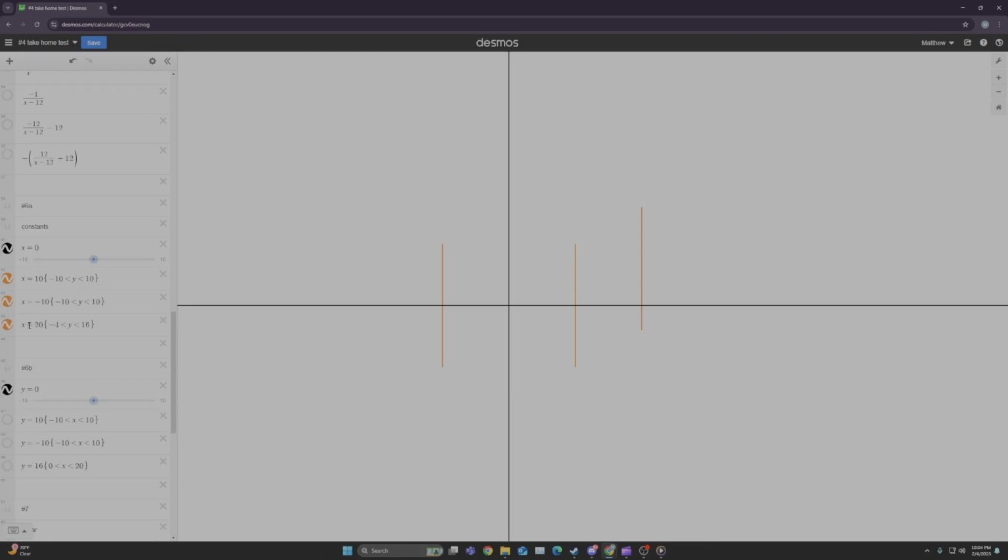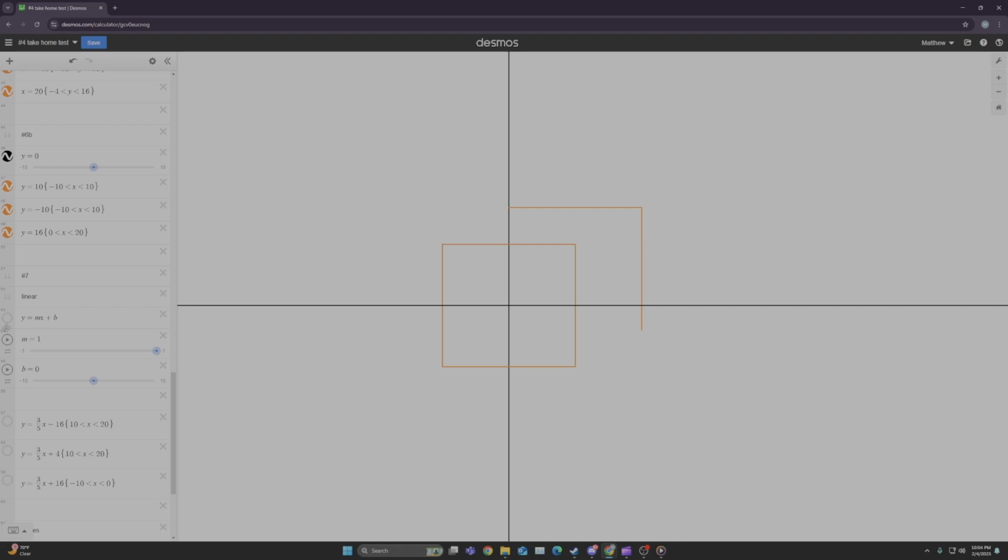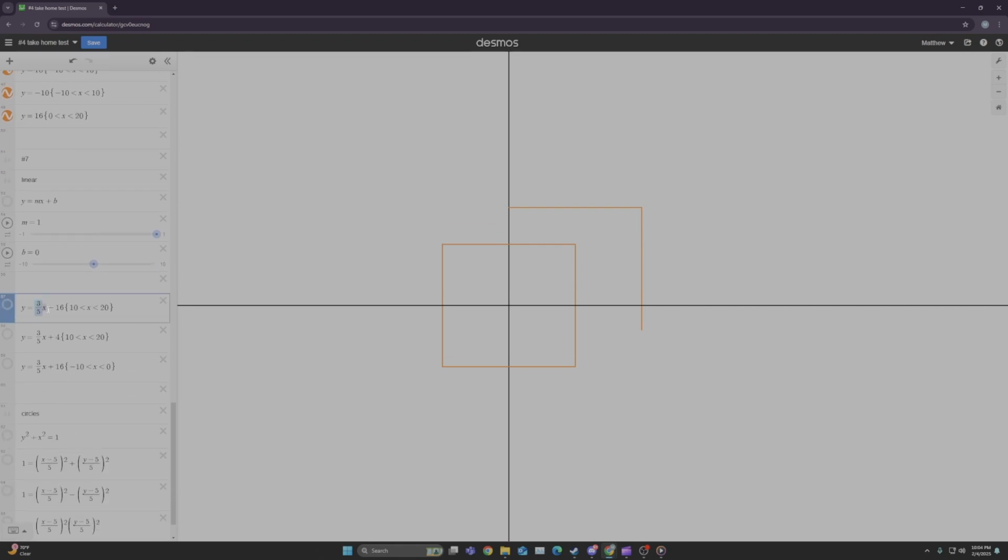Then if you move it up a bit, then you can add the top layers of the box, the other top layer. Then with the help of a linear equation with the 3/5 slope, because that's about a 30-degree angle, you can give it some depth perception and make a cube.